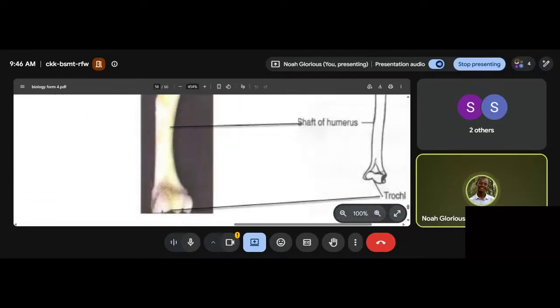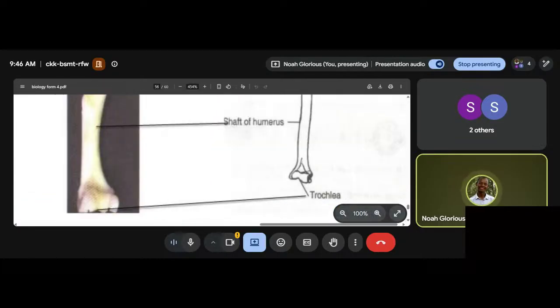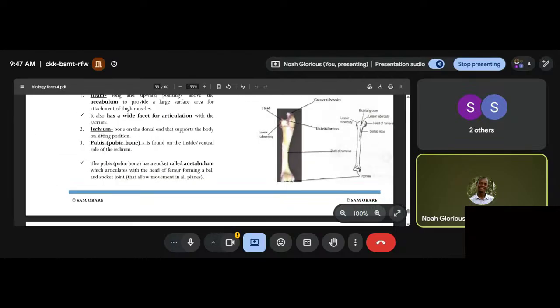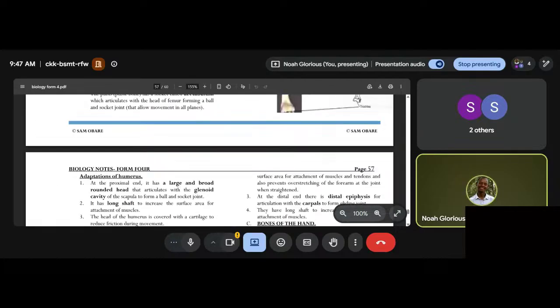This one at the bottom ensures that you cannot move your hand up, and you can only move up and down, and no further movement is possible in that area. It is the one that brings about the elbow movement. That is the trochlea, a small bone that closes that part.